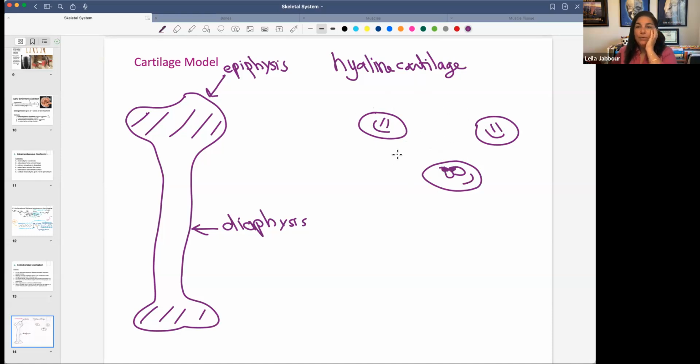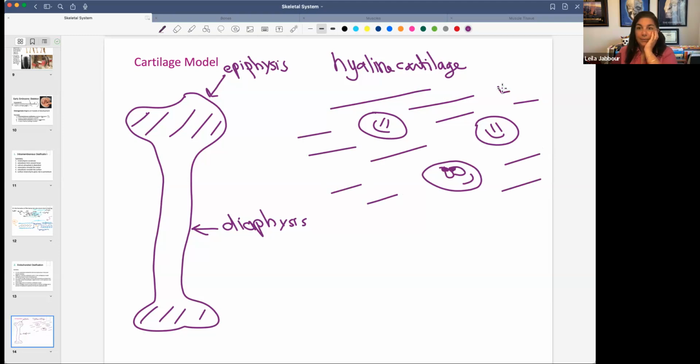Okay, so they're all residing next to each other. They're not touching each other. And you have, of course, the extracellular matrix between them, right?